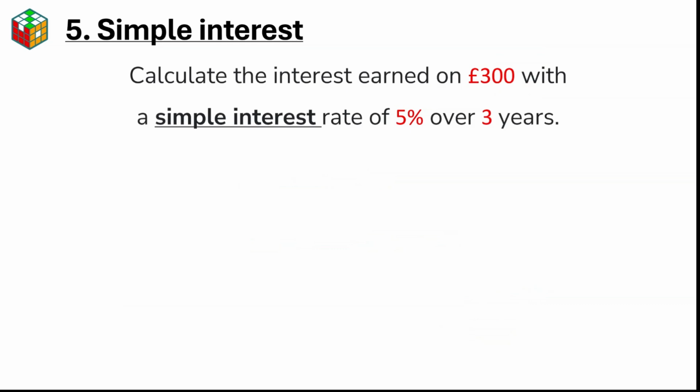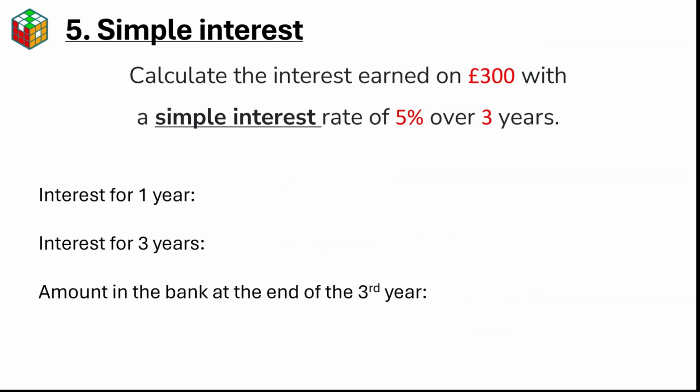Try one more. Calculate the interest earned on £300 with a simple interest rate of 5% over 3 years. If you would like to have a go, you can pause the video now and try it. Interest for 1 year: £300, they give me 5%.